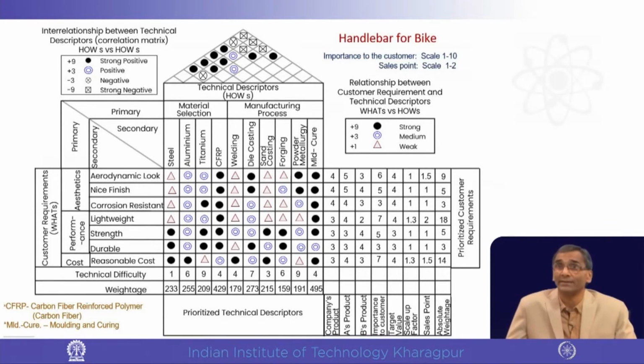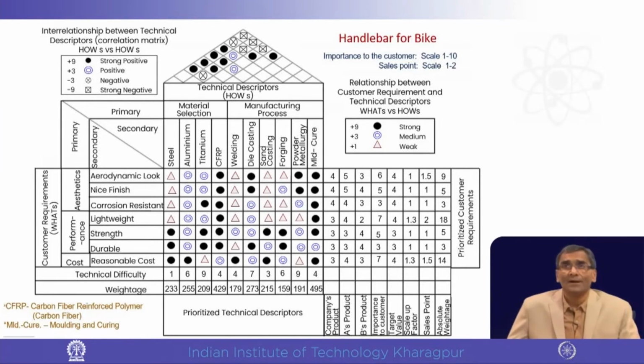Now, to understand what aesthetics or performance means, we have to go to the next level, called the secondary level. Aesthetics means 3 things as we have understood from the customer interview: an aerodynamic look, a nice finish, and corrosion resistance.